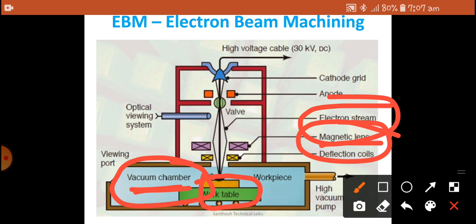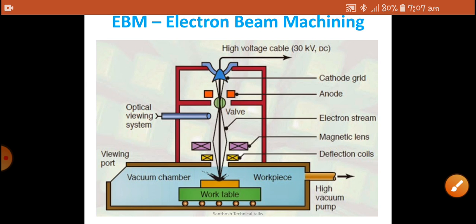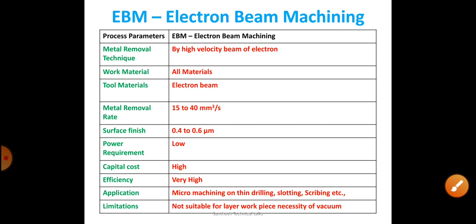The process parameters of EBM: a high velocity metal removal technique by means of a high velocity beam of electrons. All materials we can use as work material, but the limitation is it is not suitable for high thickness material, because for very heavy materials we can't produce the vacuum. So vacuum is also a disadvantage.